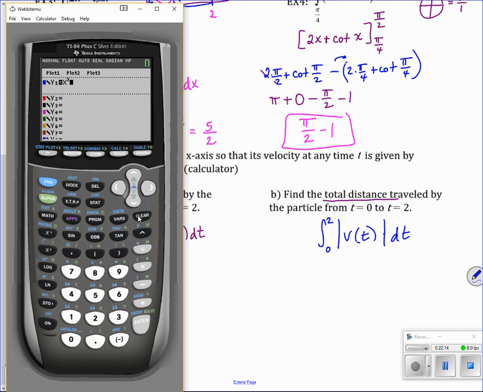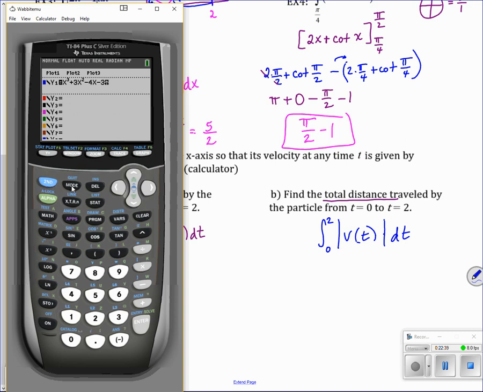But other than that, I'm going to type it in because a lot of times you want to see the graph or whatever. I could do this on my home screen, but I like typing it into y1 because I never know when I'm going to want to evaluate or something. So I'm just double checking because I'd hate to miss it because I typed it in wrong. So I have that equation.